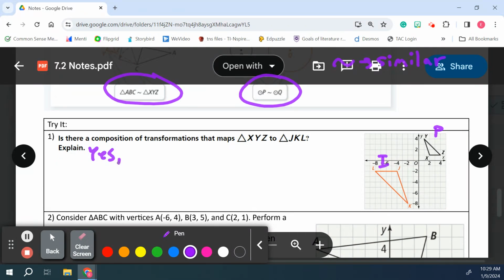Now, I'm not looking for exact, I'm looking for an idea. If it's going from here to here, what is happening? Is it being rotated? Is it being reflected? Is it being translated? What do you guys think? What's happening here? Not looking for exact points, so I'm not worried about that. Just give me an idea.